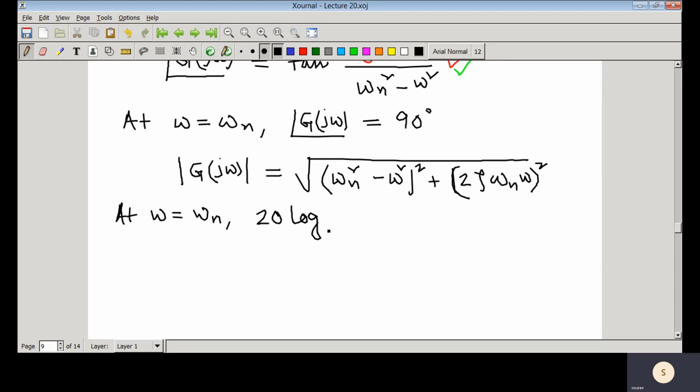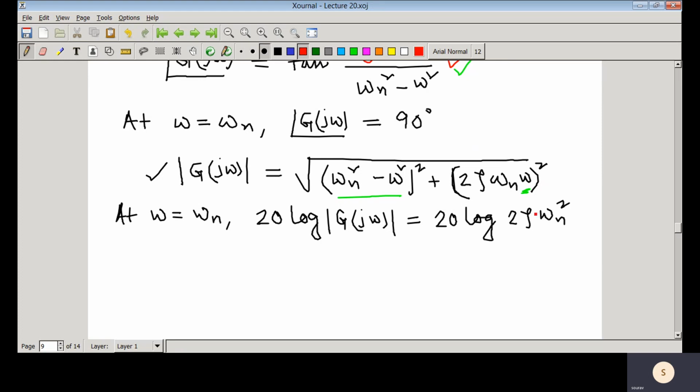That is 20 log of g of j omega. If we take 20 log, this term would be equal to 0, because omega equals omega n. Now if you replace omega by omega n, we would have 20 log twice zeta omega n square.